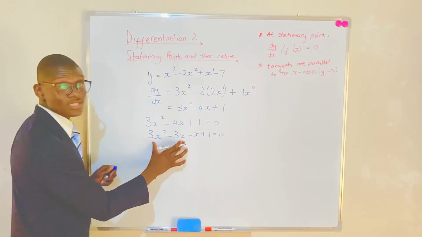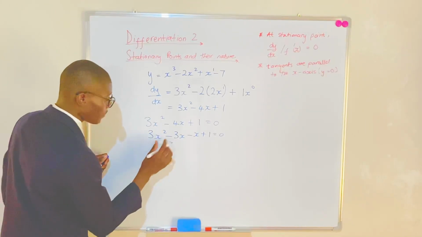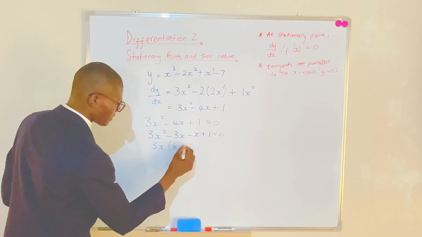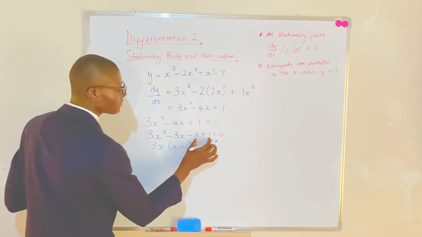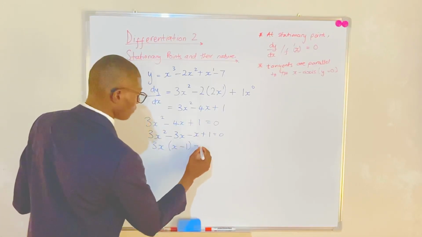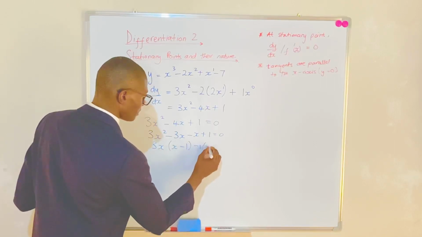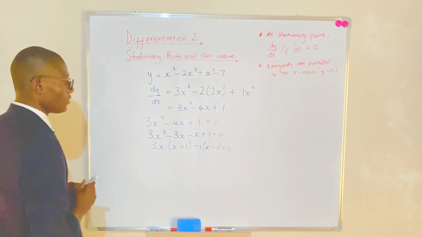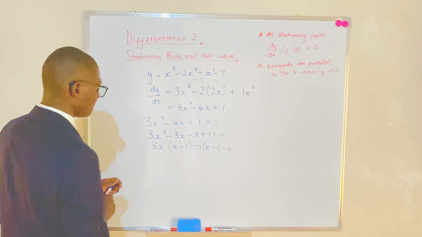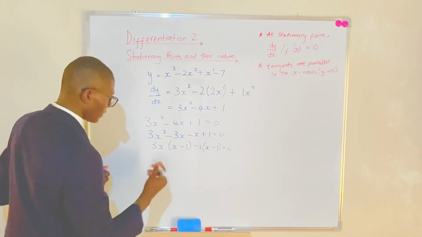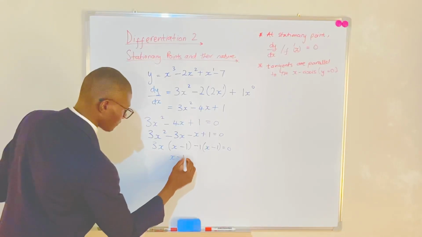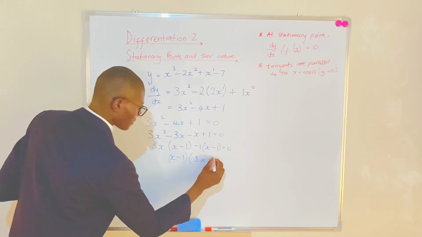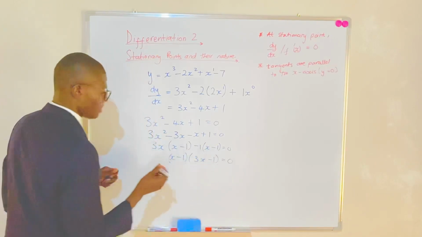Then from this two-term expression, we can factor out 3x to get x minus 1. Then from this two-term expression as well, we factor out minus 1 to get x minus 1 being equal to 0. So now we can have x minus 1 then 3x minus 1 being equal to 0.